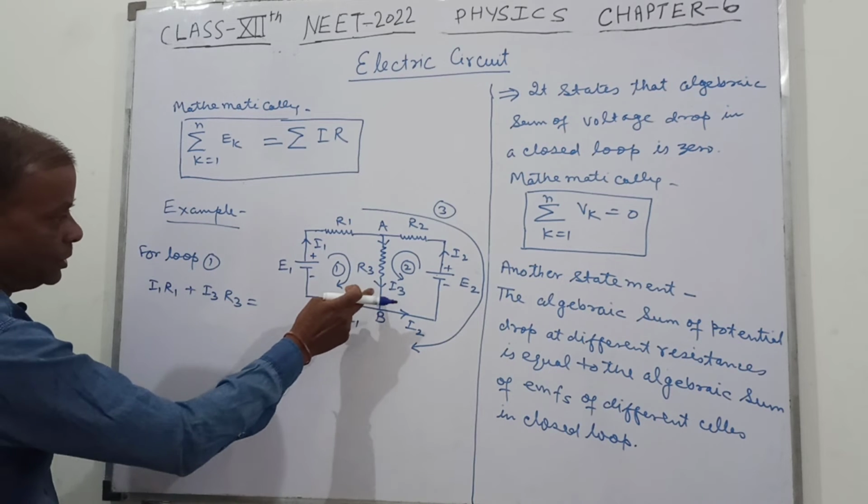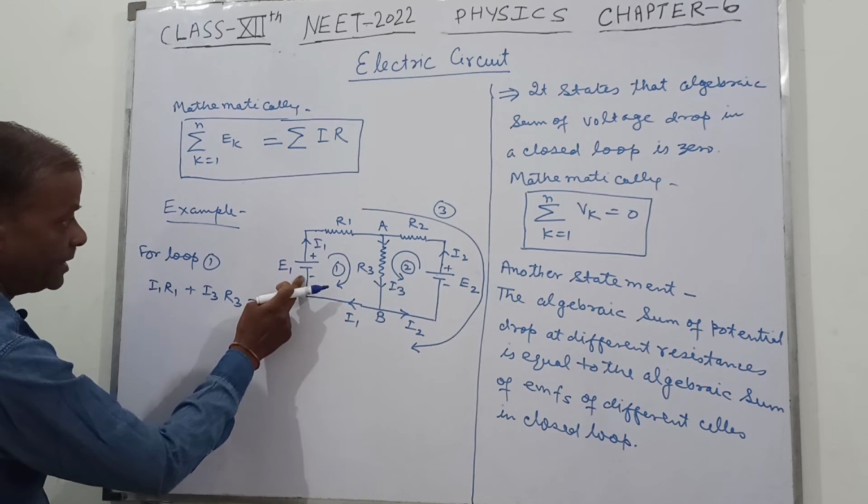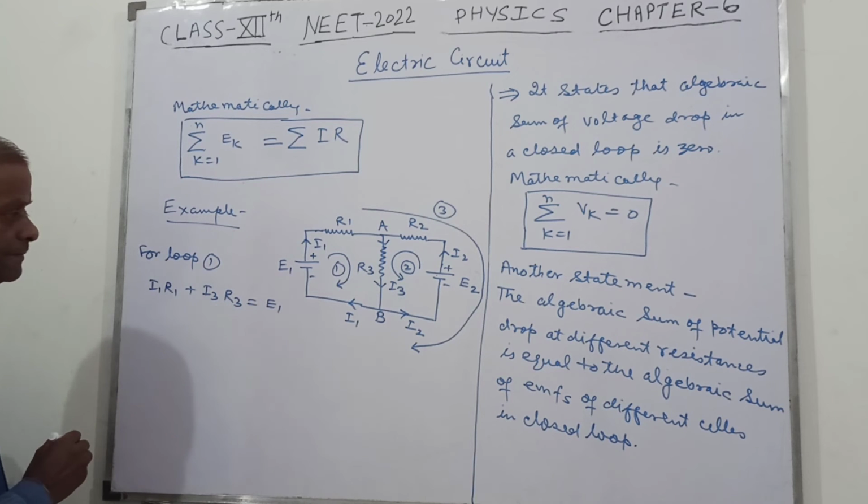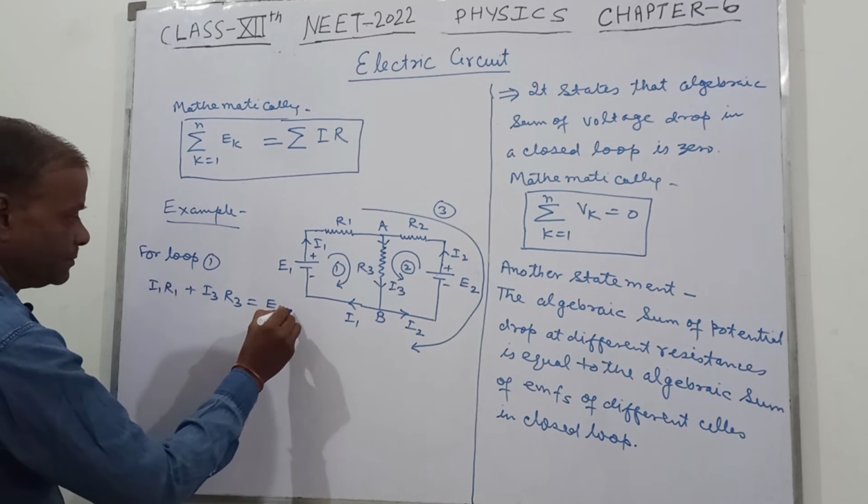This is equal to, now current is going like this from negative to positive, so E1 is taken to be positive. This is now equal to E1. This is equation number 1.